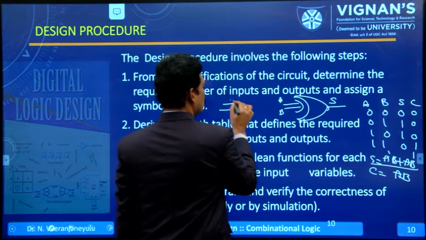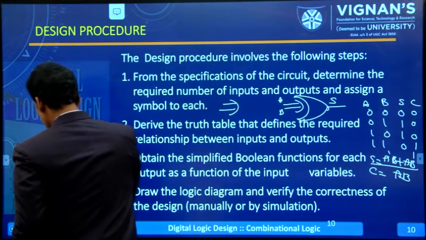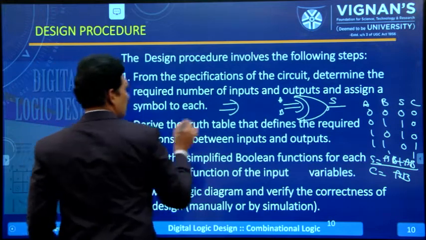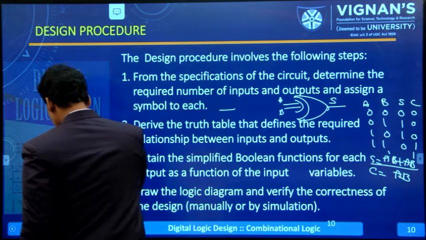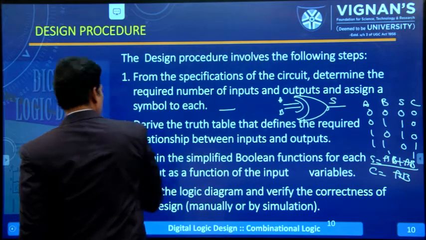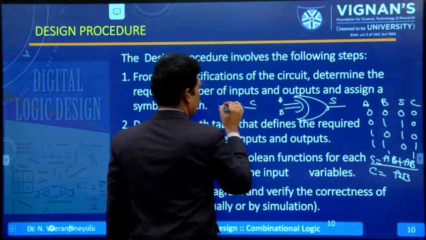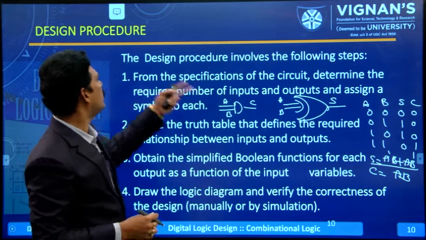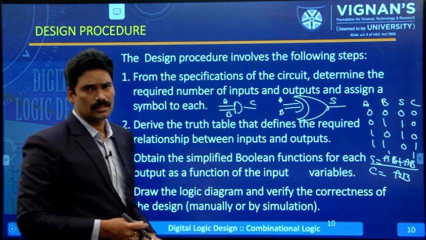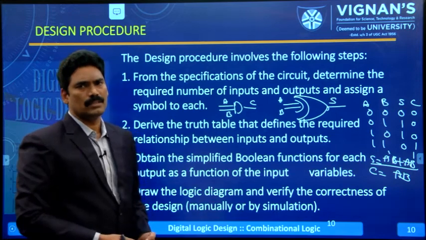C is equal to AB, so an AND gate with inputs A and B gives C. This is the diagram, and this is the design procedure for a combinational circuit.